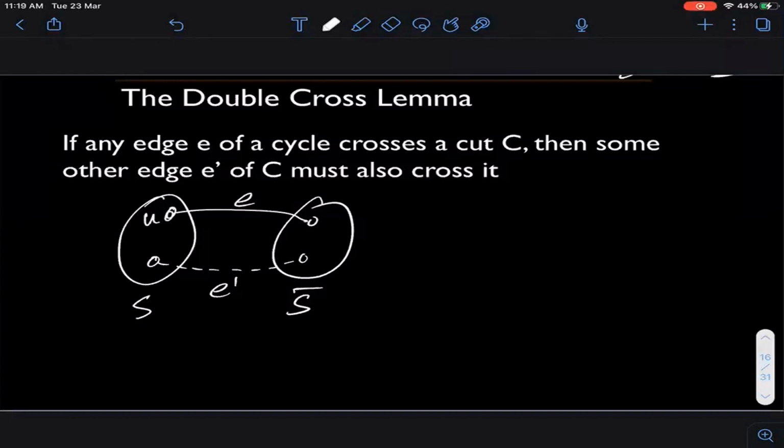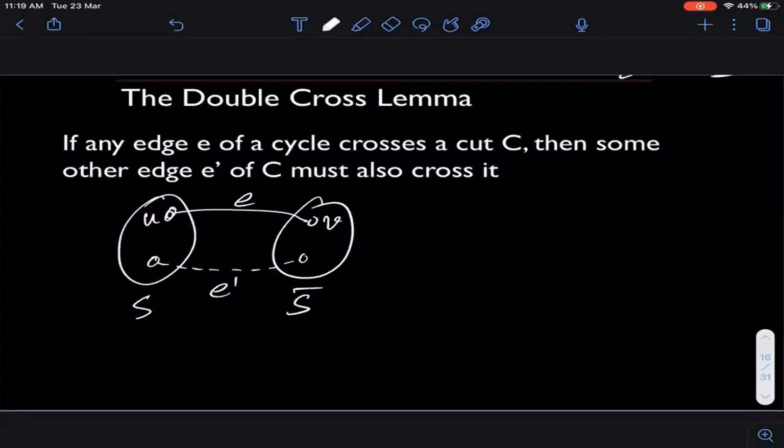So your cycle crosses across this cut through the edge E, and it reaches some vertex V. But now the point is, because it's a cycle, if it has to reach V again, then at some point this path has to cross over to the other side again. That's as simple as that. So the cycle goes from S to S bar, but eventually it has to come back from S bar to S, and that has to be done through another edge.